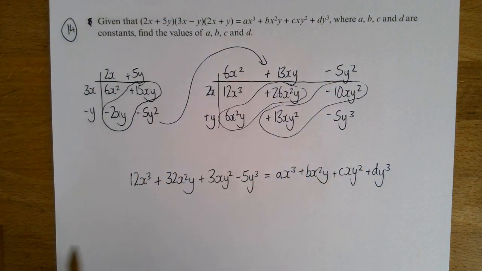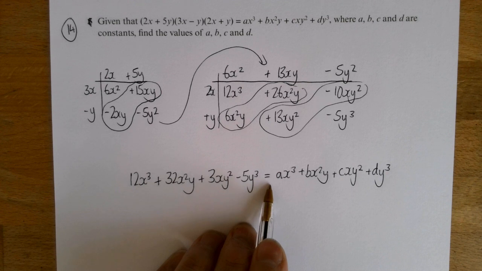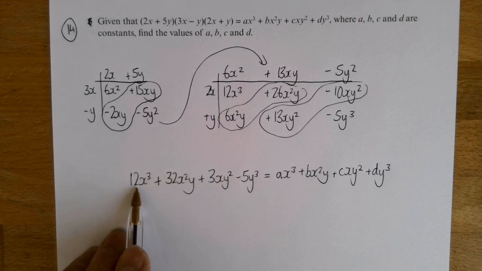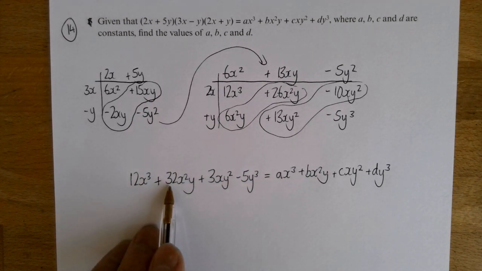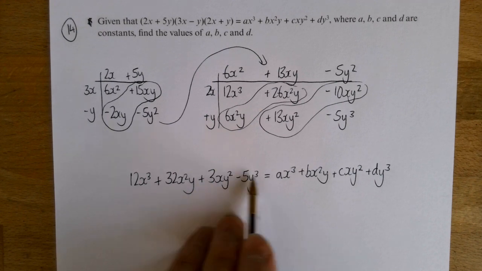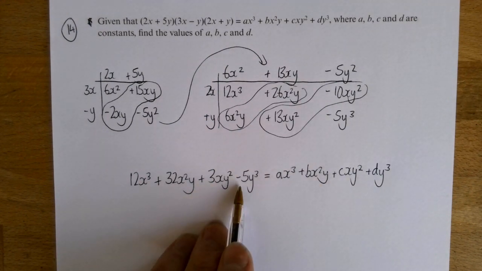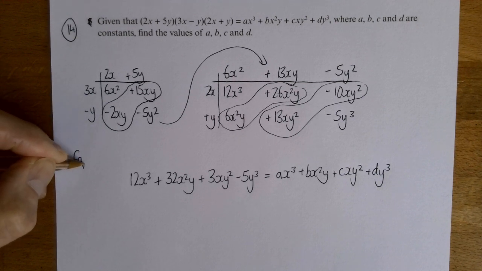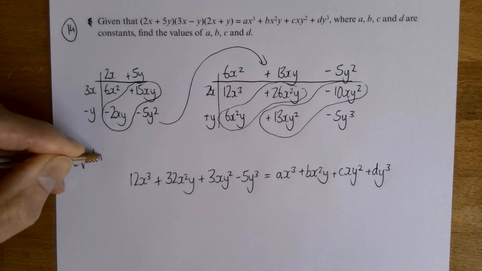So I can straight away see, because this sign here tells me what's on the left has to equal what's on the right, A must be 12, B must be 32, C must be 3, and D must be minus 5. Now that's a sort of common sense process. It's actually a process that has a name. We call that equating.